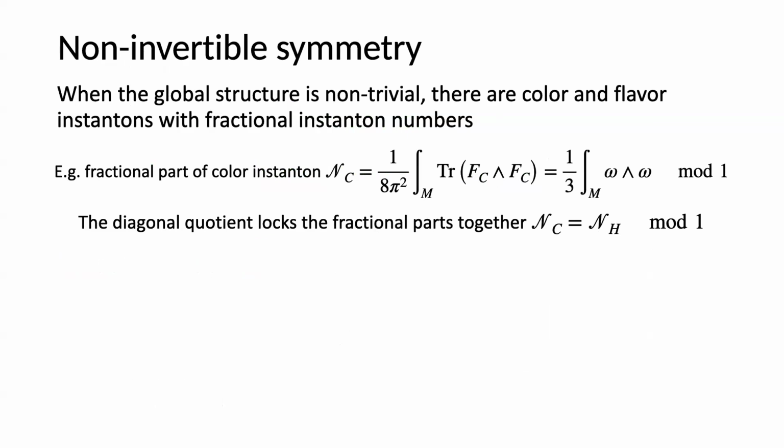When you have some non-trivial global structure, you can have instantons with fractional quantum numbers that can only exist on spaces of non-trivial topology, just like the actual U1 instantons can only exist on spaces of non-trivial topology. They're not there in R4.